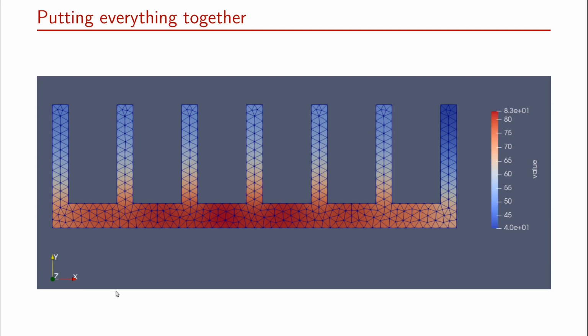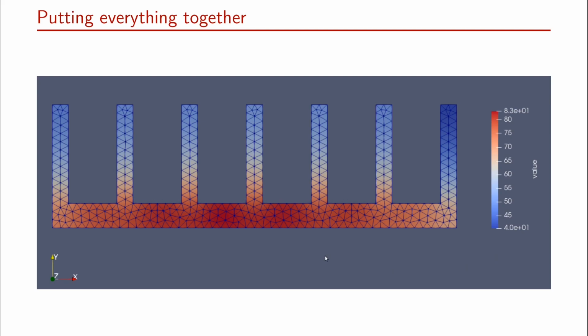And what you can see here is the heating down there, so naturally the temperature is the largest there. It's about 83 degrees. As we go away from them, the temperature drops quite appreciably, and there is some type of heat transfer across the boundary.